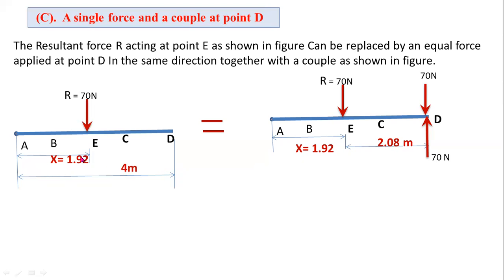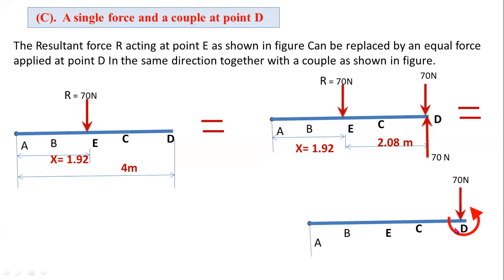Subtract this 1.92 value from 4 meters. 2.08 is the distance between E and D. So these two forces, the 70 newtons and 70 newtons, equal and opposite forces, form a couple, that is an anti-clockwise couple at point D. Here you can observe this is the anti-clockwise couple.